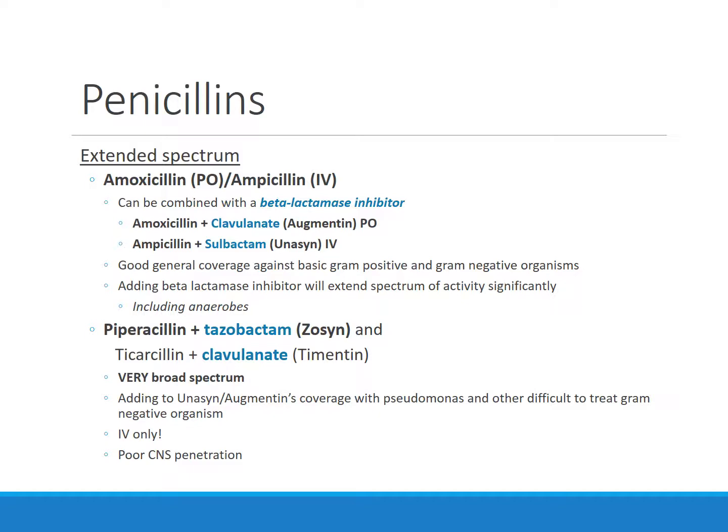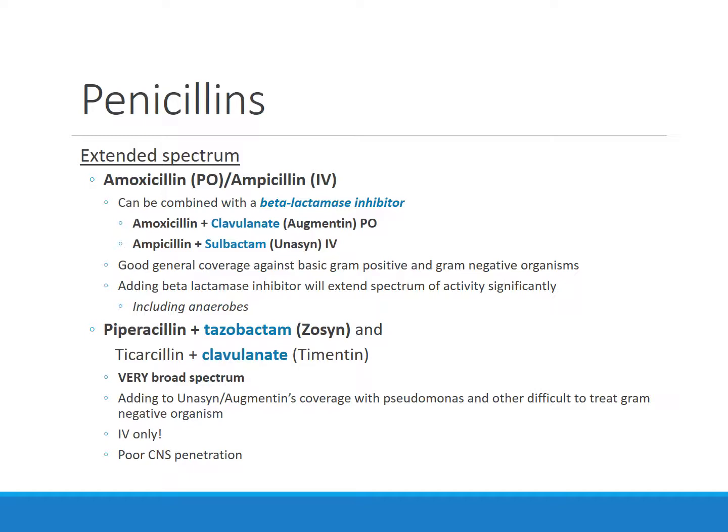It's going to cover a lot of anaerobes, and it's going to cover quite a few gram-negative species, including the more resistant, hard-to-treat ones, where we say Pseudomonas is the poster child for difficult, hard-to-treat gram-negative infections. And this is one drug that covers Pseudomonas. So when you're looking at something to cover somebody who's maybe had exposure to healthcare and you're concerned about Pseudomonas, Zosyn's a drug that works pretty well.